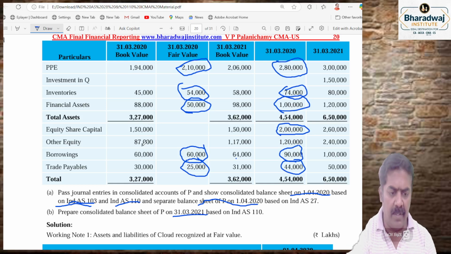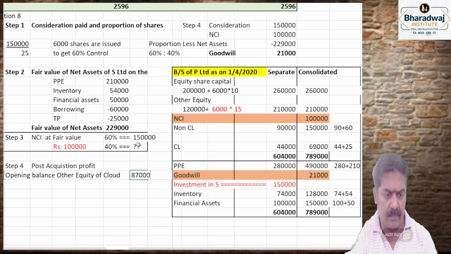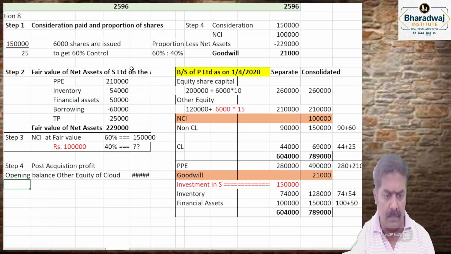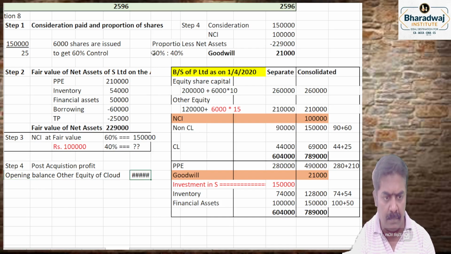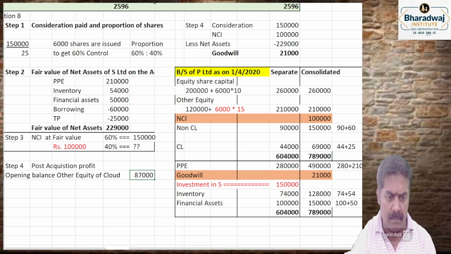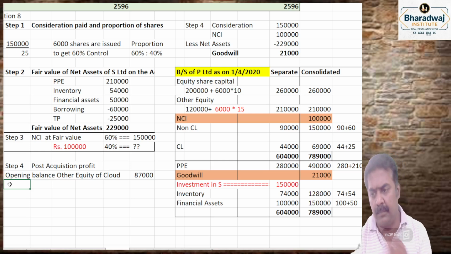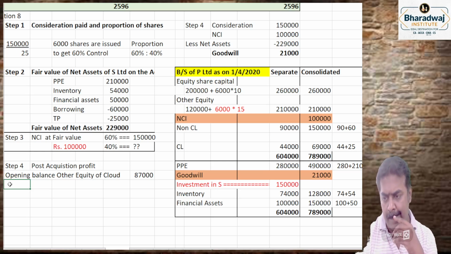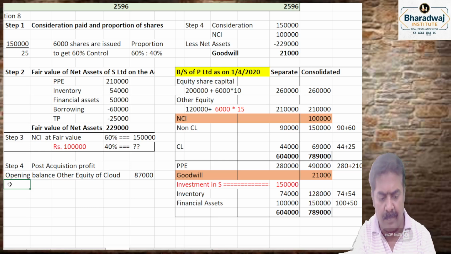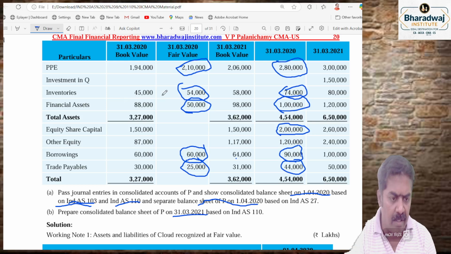How much is the opening balance of other equity? Increase in inventory: inventory will increase from 45 to 54.